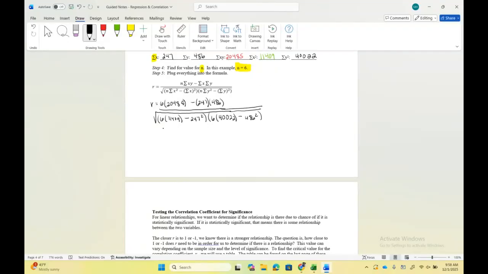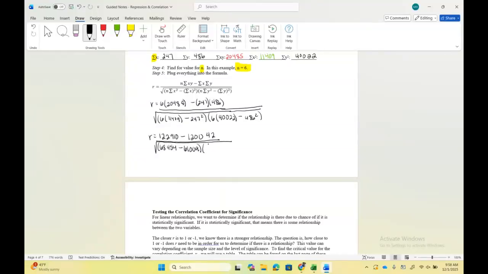Okay, so now I'm going to go to my calculator. I'm going to do 6 times this 20,000, then 247 times 486. Then I'm going to do 6 times this number here, and 247 times itself, or to the second power.